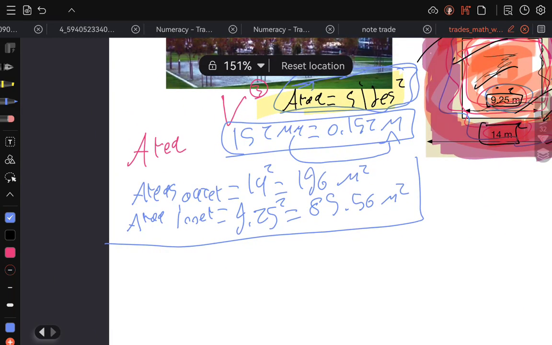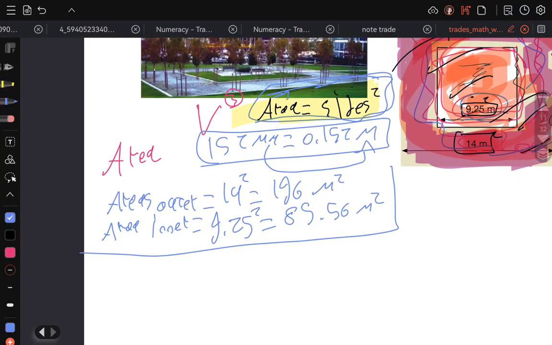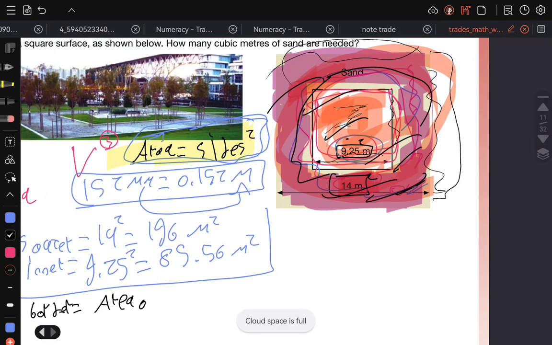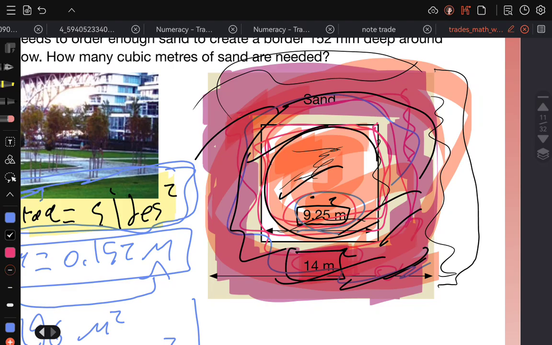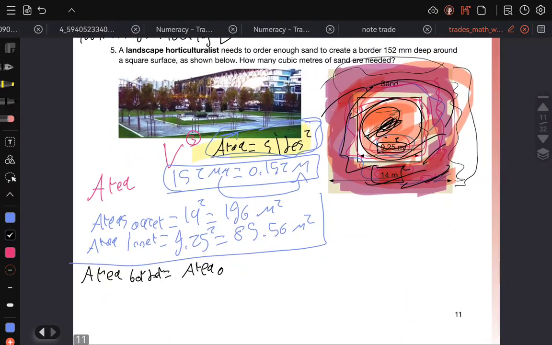Okay, now let's calculate the area of the border. How can we know that? The area of the border equals the area of the outer, the outside, minus the area of the inside one. We did use the minus to solve the question. We just subtract this, that's it.